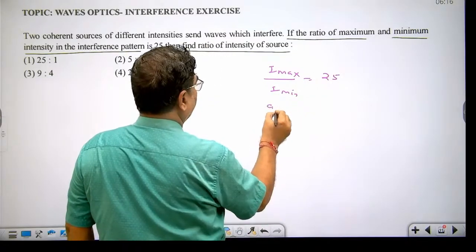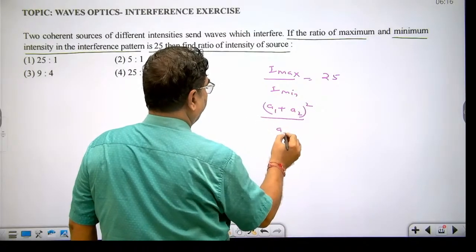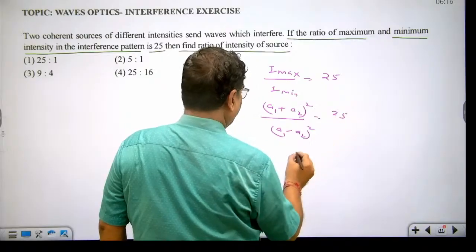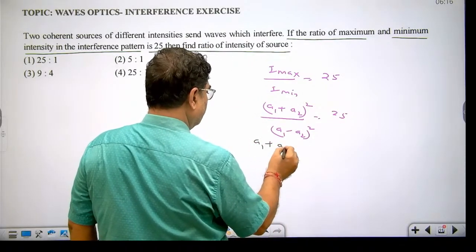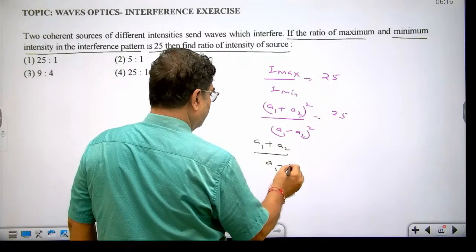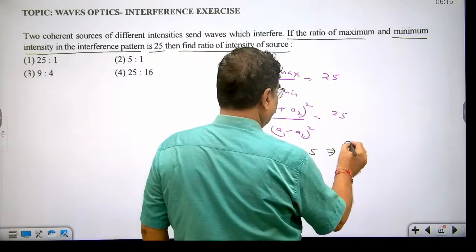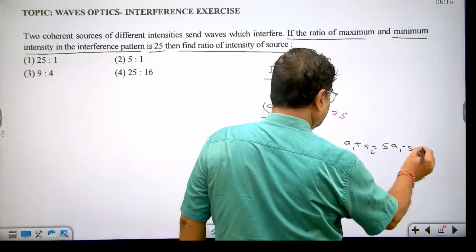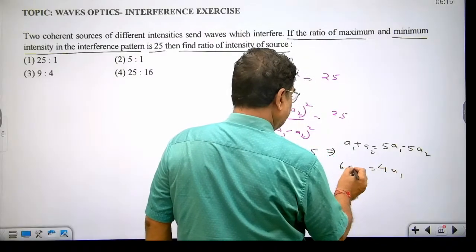Means what? A1 plus A2 whole square upon A1 minus A2 whole square is equal to 25. So we get A1 plus A2 upon A1 minus A2 equal to 5. After solving this, we get A1 plus A2 equal to 5A1 minus 5A2. So we get 4A1 equal to 6A2.